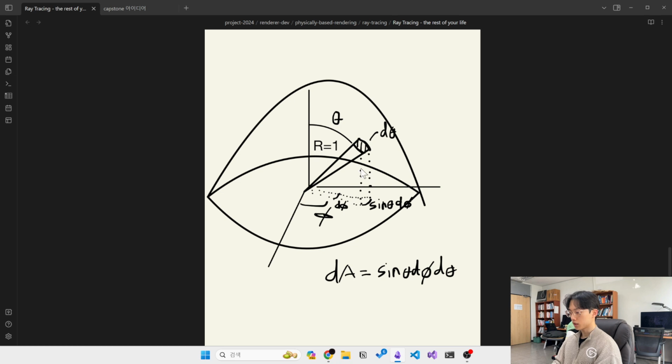If we project this onto this xy plane, the right side of this projected area is d phi, a small angle differential, and this side is a differential of theta because it has the same direction.